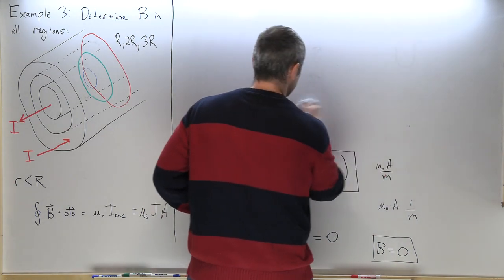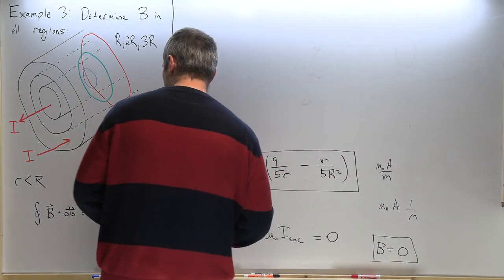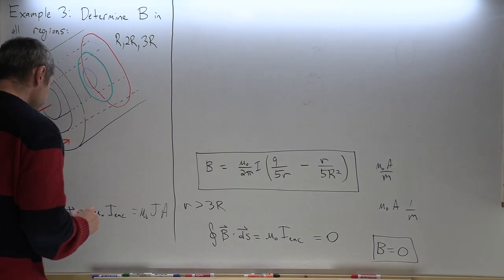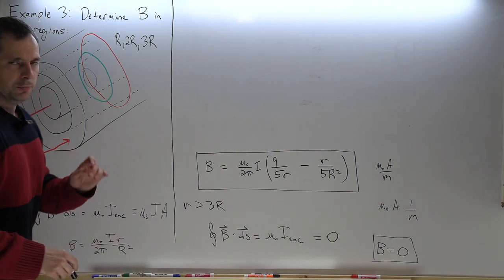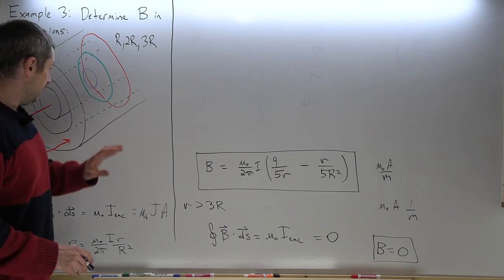So let me preserve that formula. The other formula, which you have in your notes, I'll just jot it down. This. And then the standard mu 0 I over 2 pi r in between.